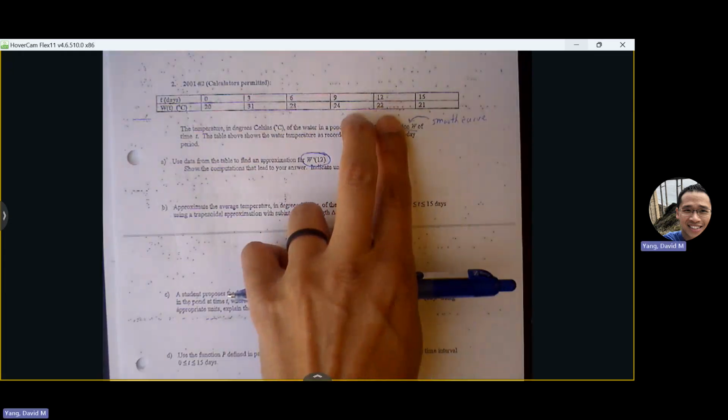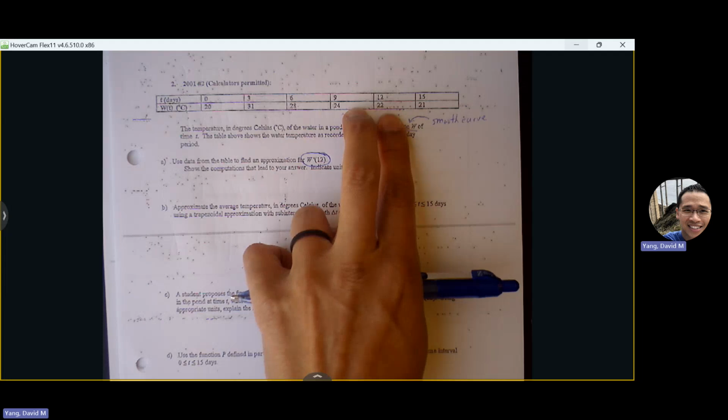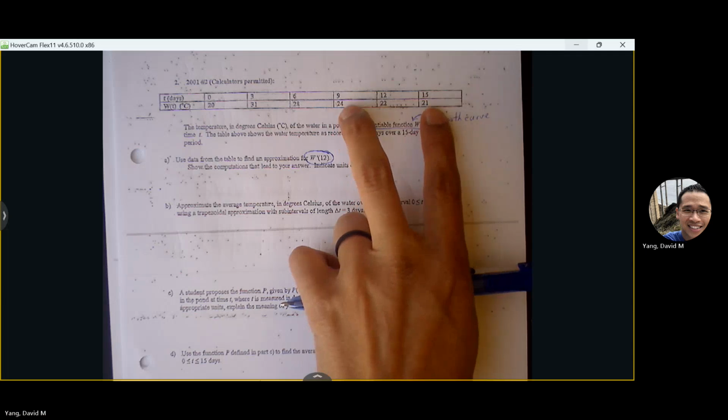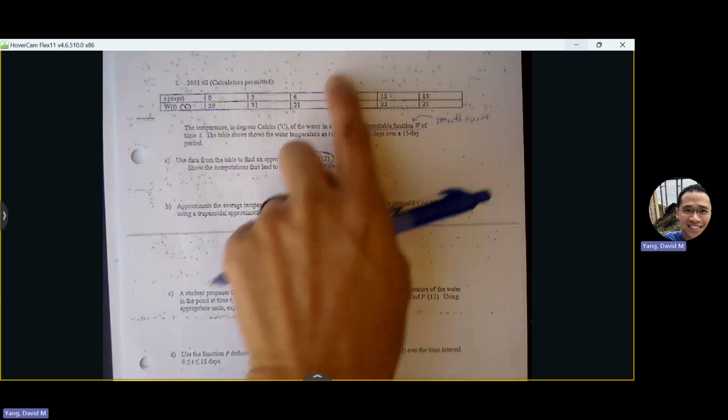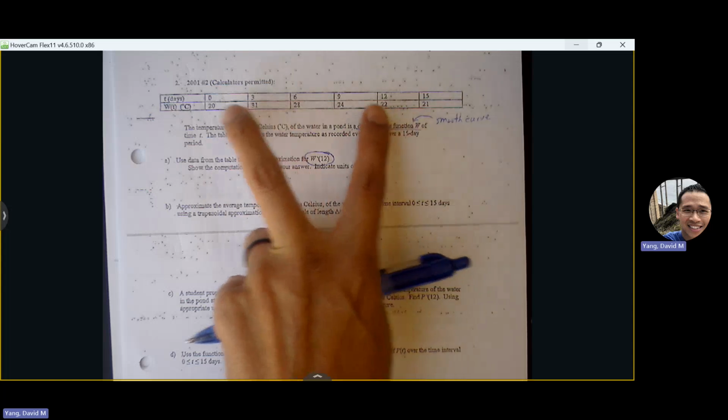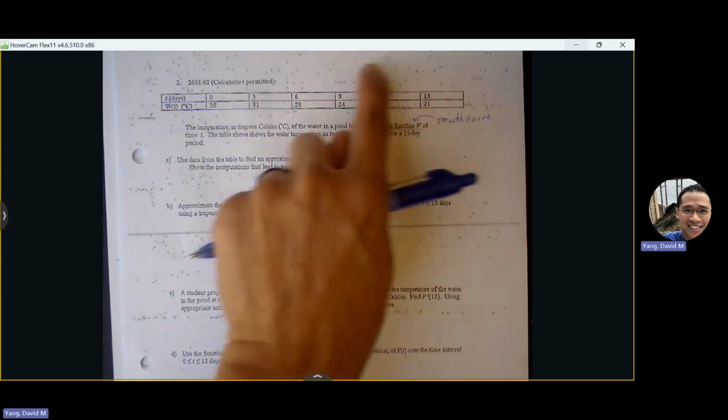Yeah, 9 and 12. You can also make an argument for 12 and 15. And then there's also a third option. You could also make an argument for 9 and 15. But it's got to be circling around here, right? If you're using points that are further away, like 0 and 12, that's not accurate enough. You want to get as close to your source as possible if you want to improve your accuracy.